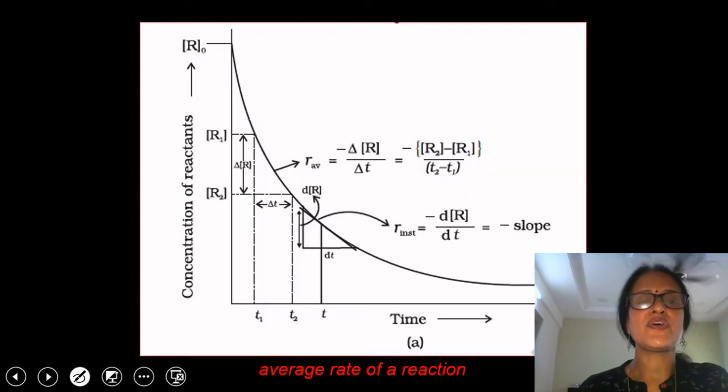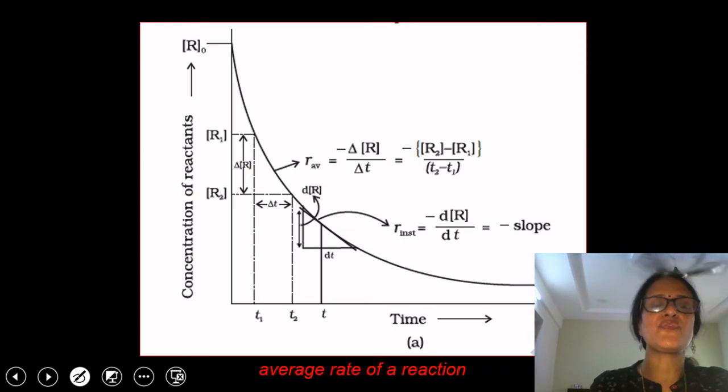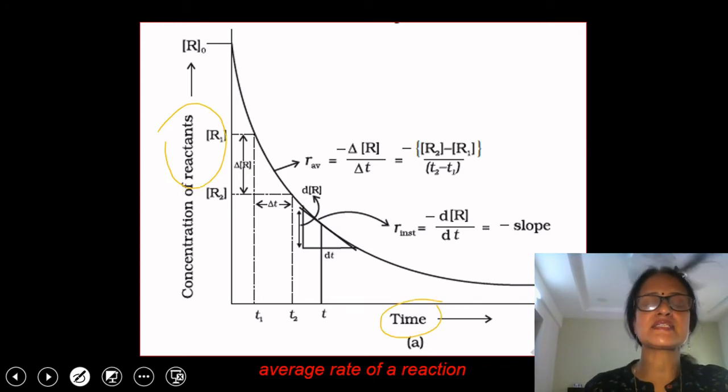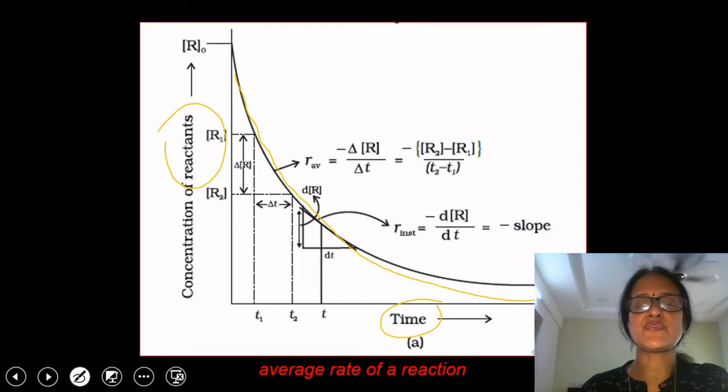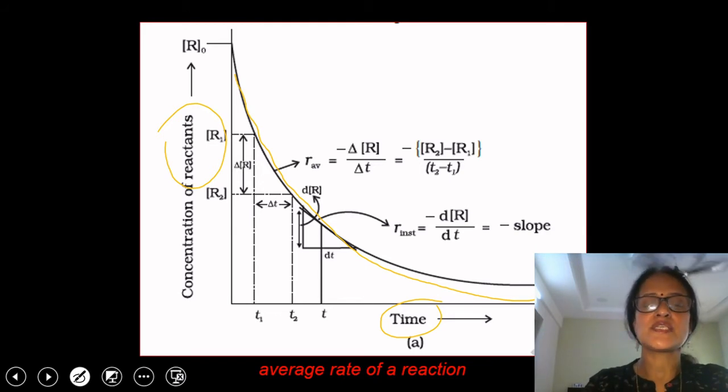This is a graph between concentration of reactants versus time. You can see here that as the reaction proceeds, the concentration of reactants goes on decreasing. We can calculate the rate of reaction in terms of concentration of reactants as follows. Suppose at T1 the concentration of reactant is R1. As the reaction proceeds, at time T2 the concentration of reactant decreases to R2.